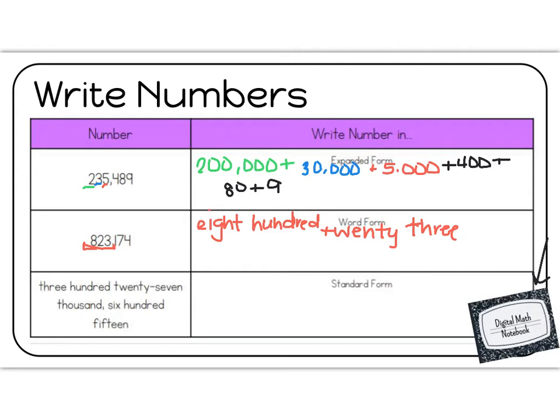And before we add the comma, we say the place value where these numbers are. So that 3 is in the thousands place, so we say that this is 823,000.